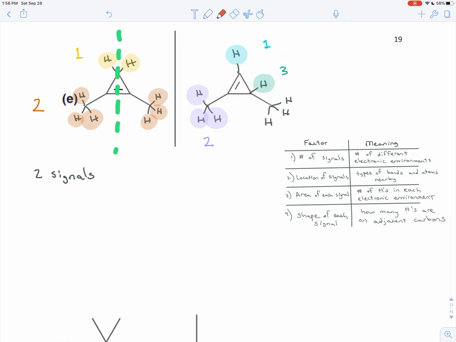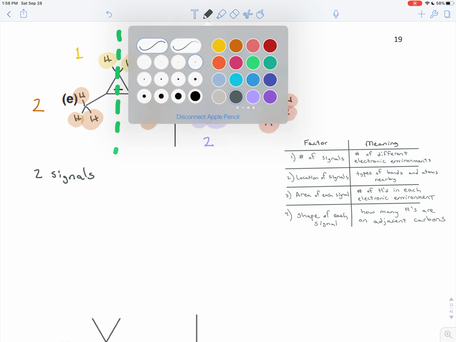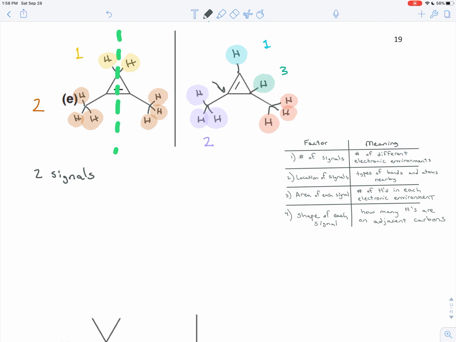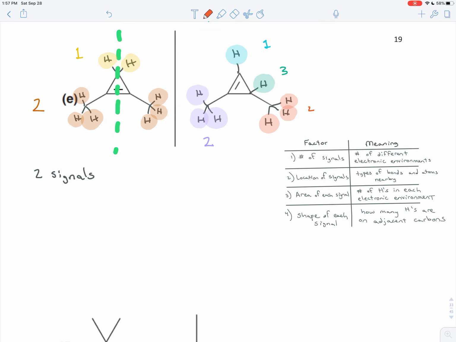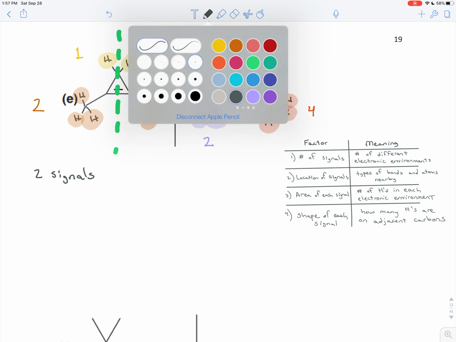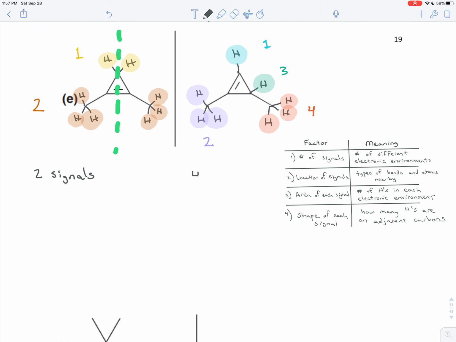And the hydrogens on a methyl group that is not attached to an atom in a double bond, so notice this methyl group is attached to an atom in a double bond, this methyl group is not, so it's a different electronic environment. That would be our 4th electronic environment. So in this molecule, you'd have 4 signals in its NMR spectrum.